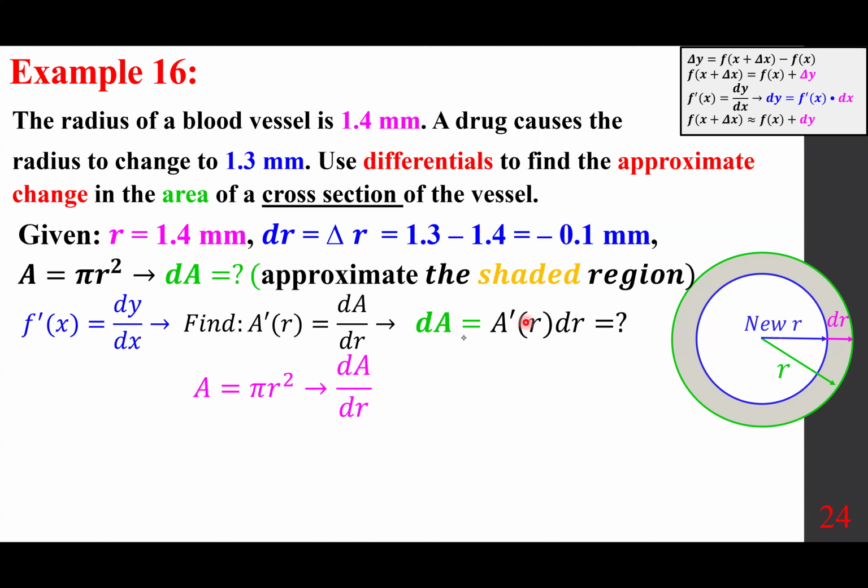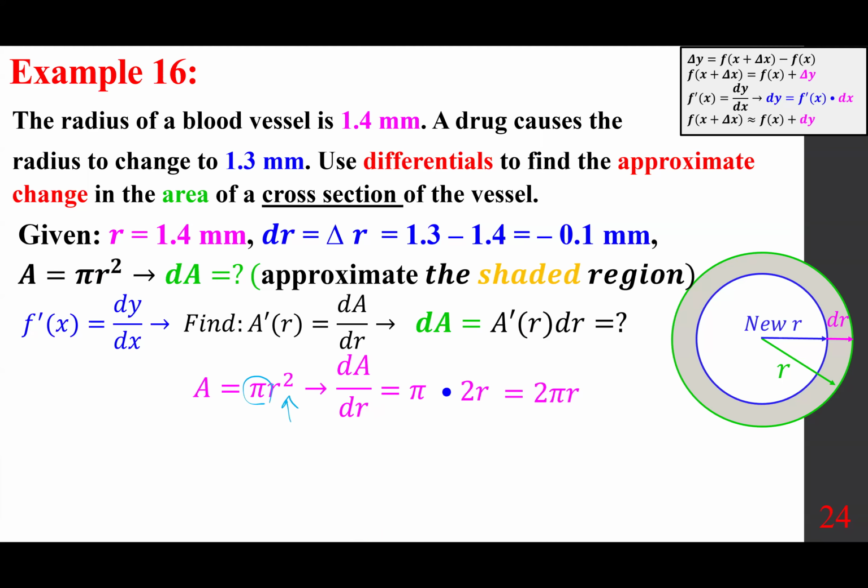So A equals pi r squared, find dA dr. That means A prime of r, that means differentiation. First, notice pi is a number, so it's going to remain unchanged. All you have to do is work with r squared, which gives 2r. And so the answer is 2 pi r.